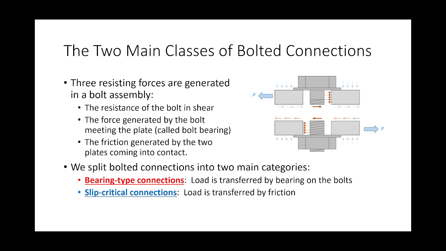So what I have here on this diagram, and I'm going to totally admit that the diagram is incomplete. There's a lot missing from it, and I'll explain in a second. This is essentially a free body diagram of a bolt assembly. What I have here in blue are the forces that are being applied externally to the bolted connection.